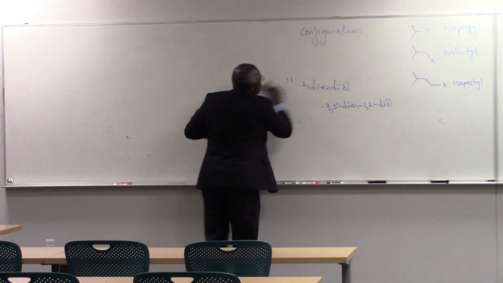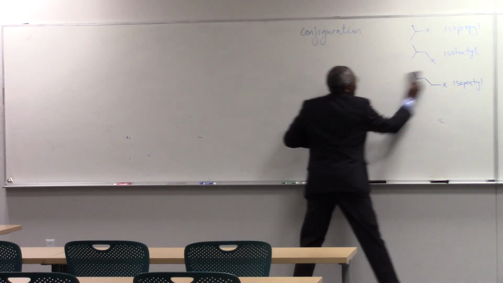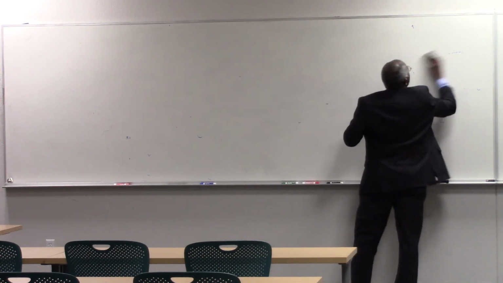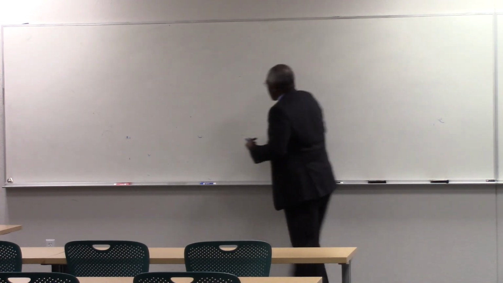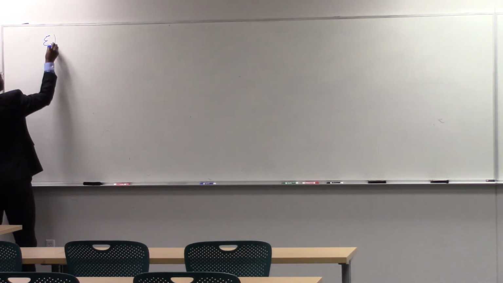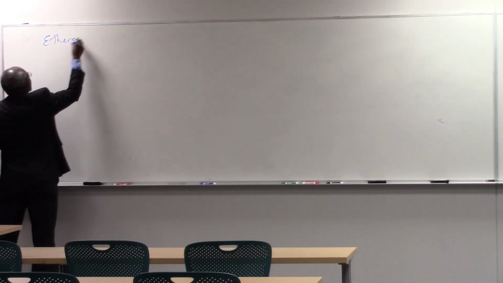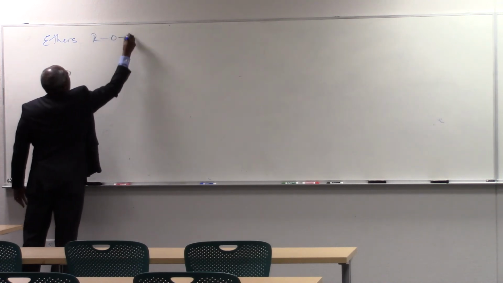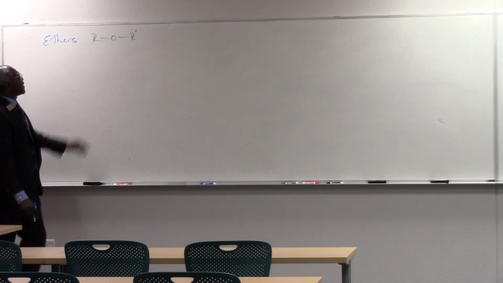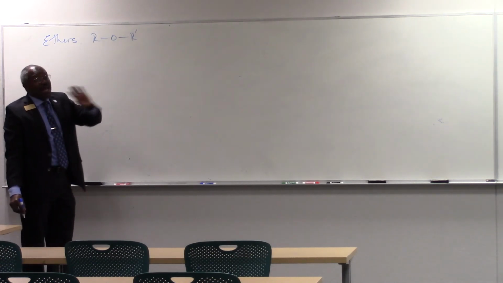We name ethers as alkoxy alkanes. And let me just remind you of what an ether looks like. So ethers are R-O-R. And I'll write R prime to indicate that the R groups may not be the same. These have to be alkyl.